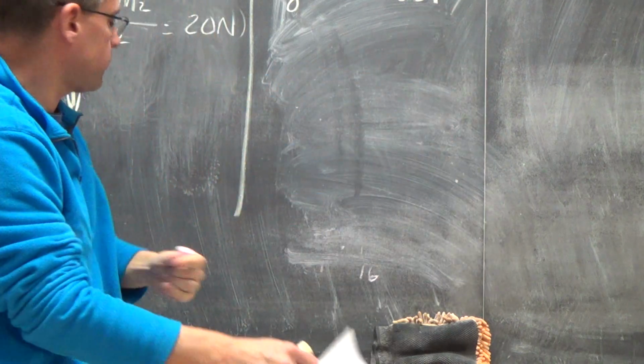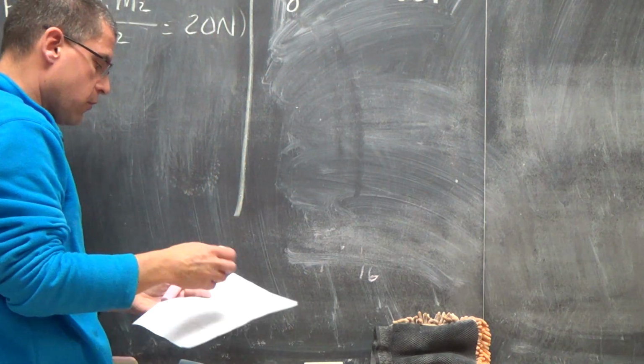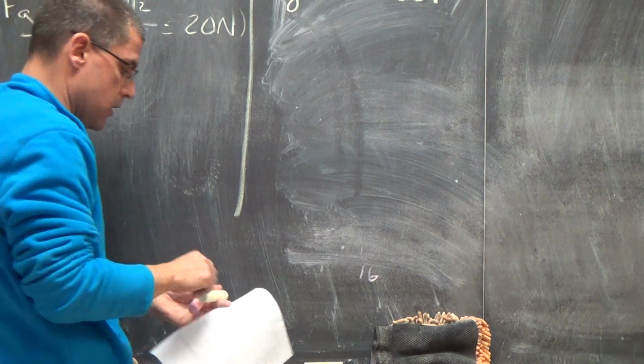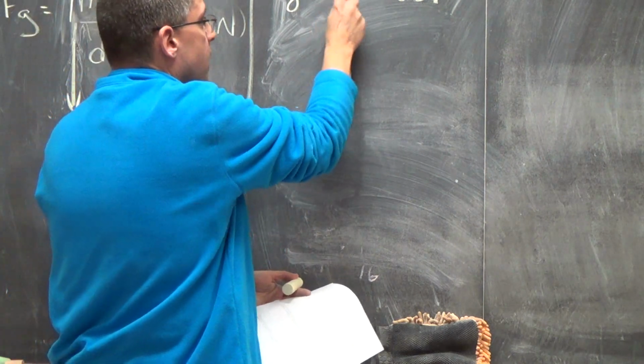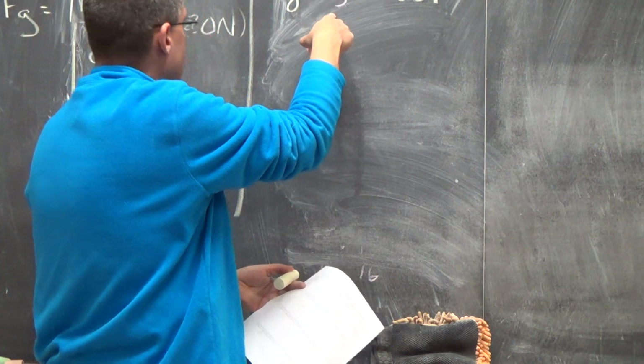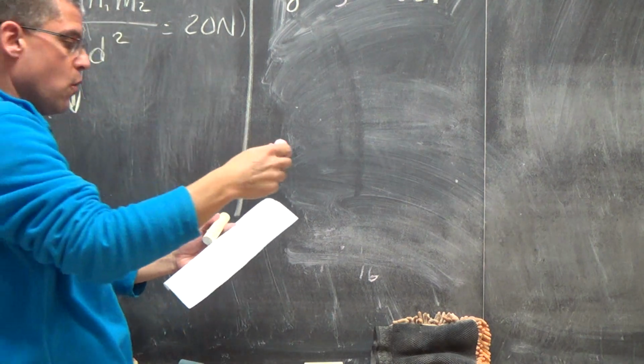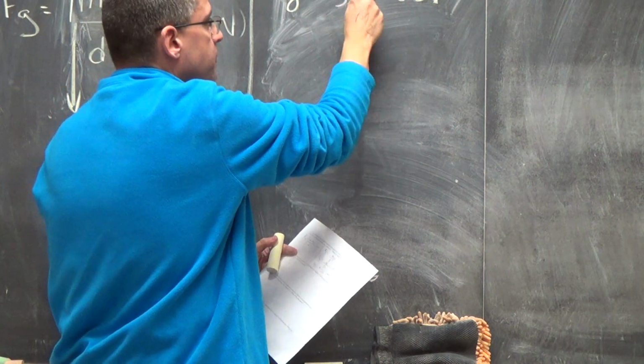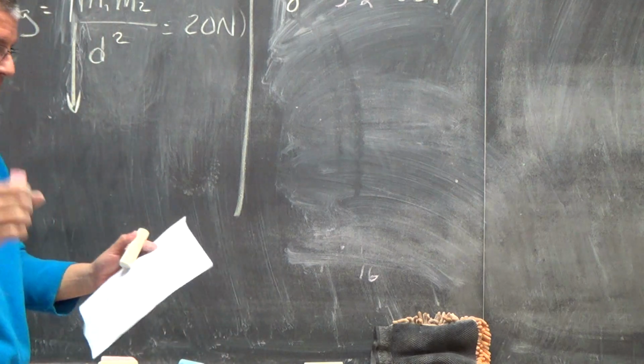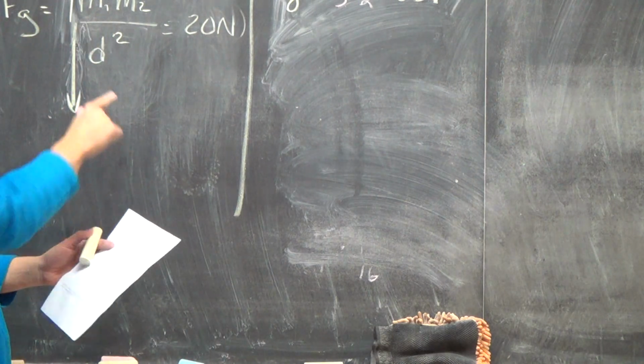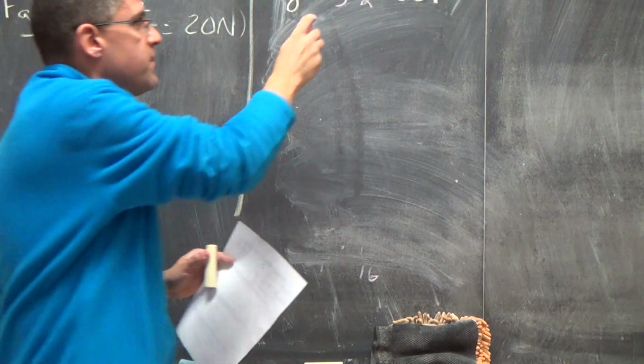All right, so watch this. It's telling me increase one mass by a factor of 3. So I'm going to go factor of 3 times the original mass of M1. The other one by a factor of 2 times 2. Hold on. Decrease distance by a factor of 5. Now wait a minute.